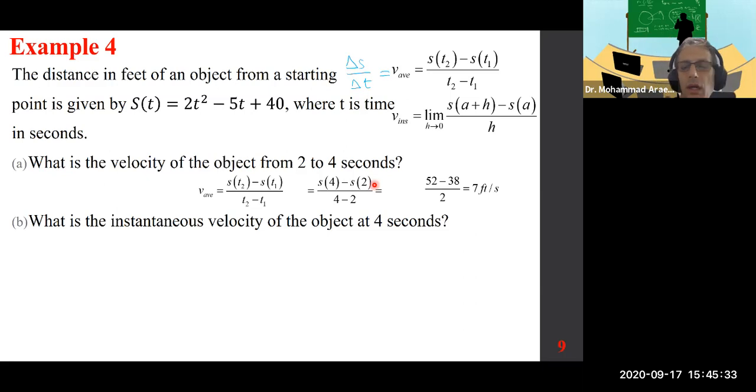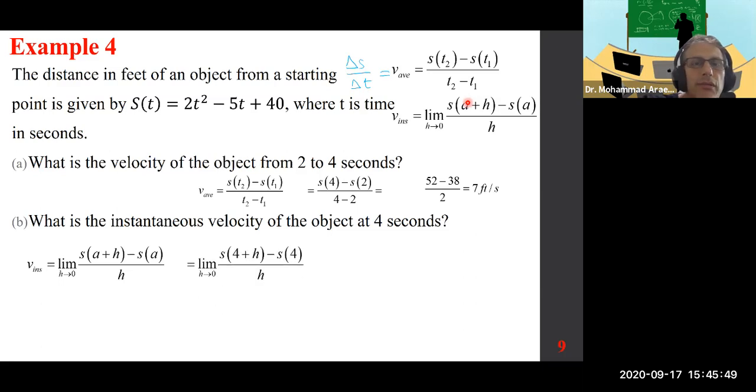Now, what is the instantaneous velocity? Even if it doesn't say instantaneous, it just gives us 4. So plug in, and a is replaced with 4. And now you plug in 4 plus h and then 4. By the way, s of 4 was already done here and is 52, just for the sake of it.